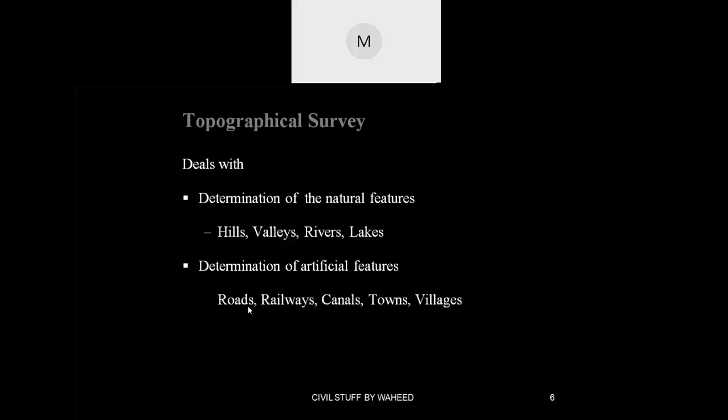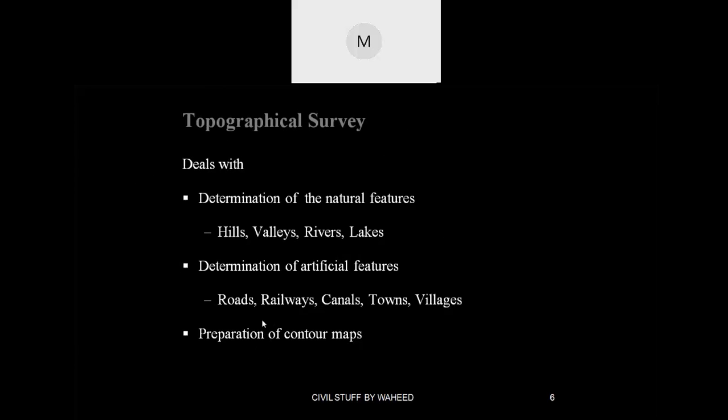Those are roads, railways, canals, towns and villages. All these are incorporated in one single map. So the map which incorporates natural features like hills, valleys, rivers, lakes and artificial features like roads, railways, canals, towns, villages, all in a single map, is known as a topographical map, made by performing the topographical survey. Okay.